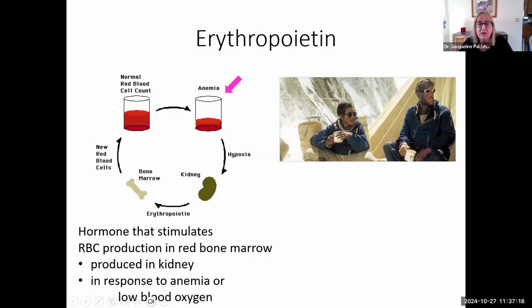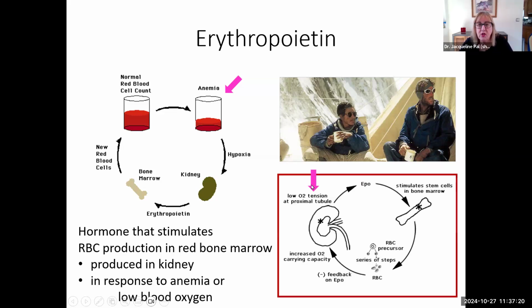And that is because when you are at altitude, your kidneys recognize, not enough oxygen. And so it kicks out erythropoietin, which has been abbreviated as EPO, which once again stimulates those stem cells in your bone marrow to have those red blood cell precursors make red blood cells.